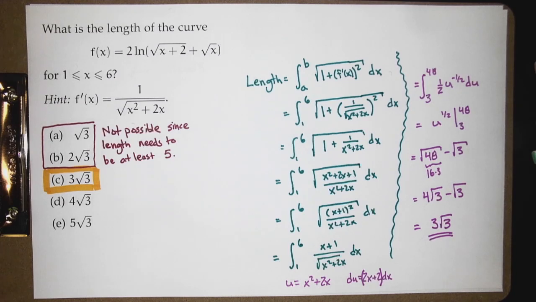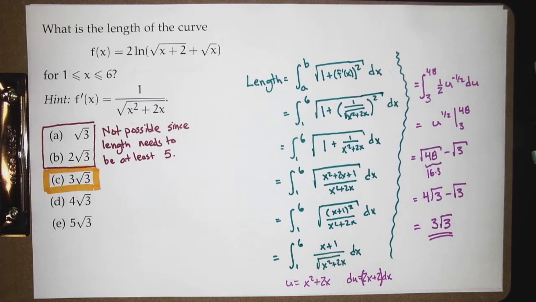Now, maybe it's not looking too great right now, but you say, I wonder. If you set u equal x squared plus 2x, because when in doubt, look for good substitutions. And x squared plus 2x is inside a square root. That's our function on the inside. Substitution is an inside job. The derivative is 2x plus 2, which is really close to x plus 1.